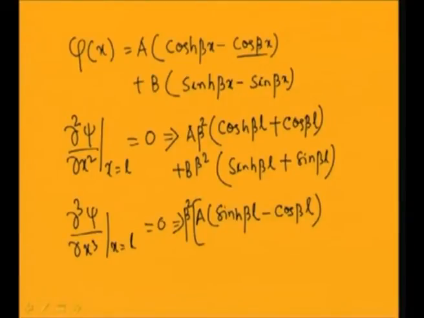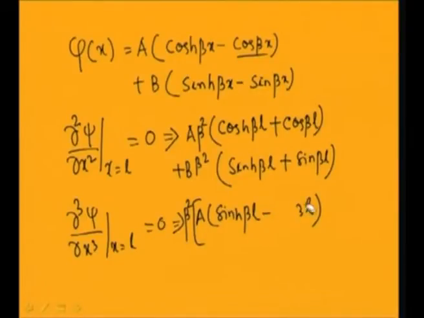So this cos beta x, differentiating it once, becomes minus sin, so minus minus cos, so plus sin beta x. Differentiating again, this becomes minus cos beta x, and for minus cos beta x we have to differentiate it thrice.